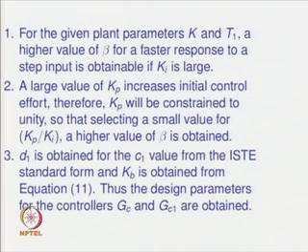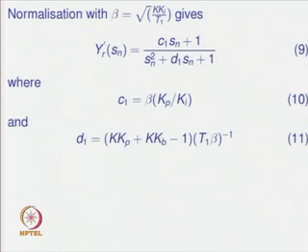Equation 11 has unknowns like Kp and Kb, because all other things are known, and of course beta is known since we are choosing beta that way. Since Kp has been constrained to 1, the only unknown in equation number 11 is Kb, which can be estimated easily provided D1 is known.